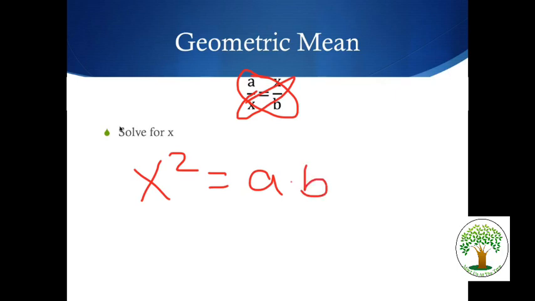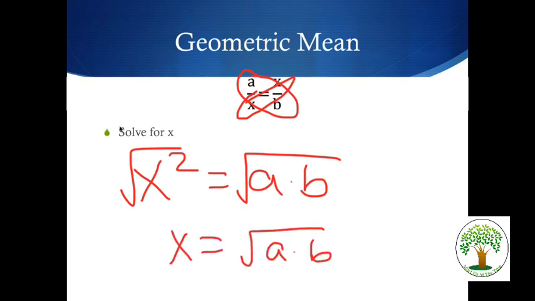Then to get the square off, I take the square root of both sides. So X will equal the square root of A times B. Can't you just write AB? You can just write AB if you don't want to put the little dot, because that dot will make your hand cramp.